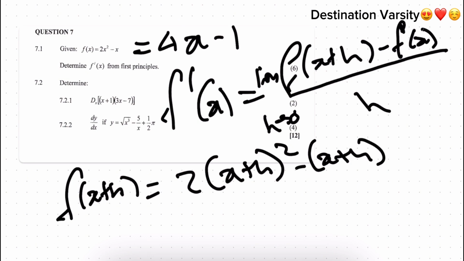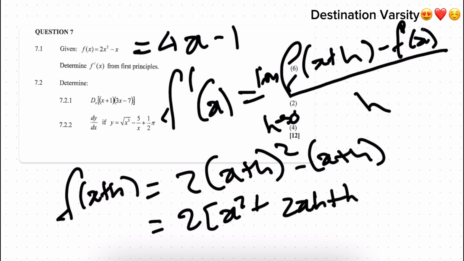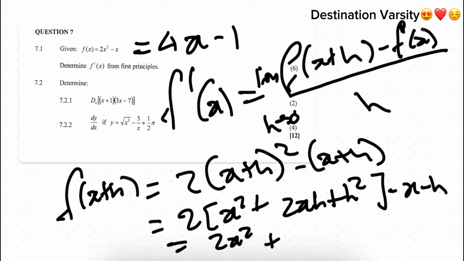And then you expand this, it will be 2 into x squared plus 2xh plus h squared minus x minus h, right? That's going to be 2x squared plus 4xh plus 2h squared minus x minus h.